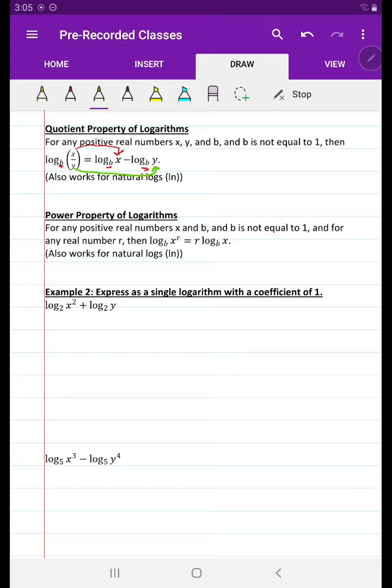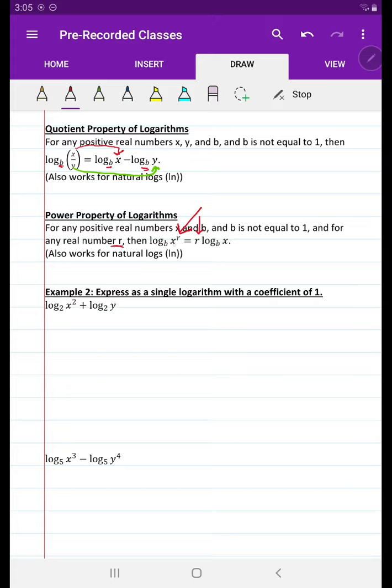And then we have the power property of logarithms. What this says is that if you have any real number r, and that r is an exponent on your argument, right here we have log base b of x to the r, you can take that r and throw it in front of your log.